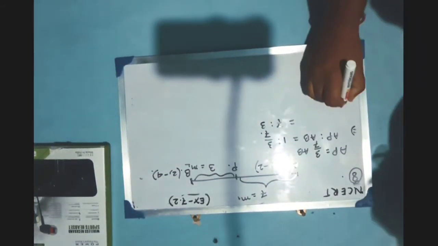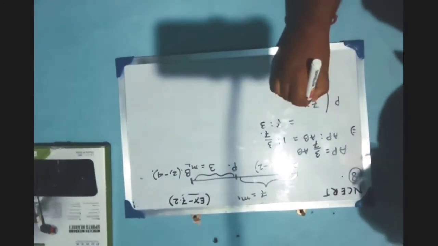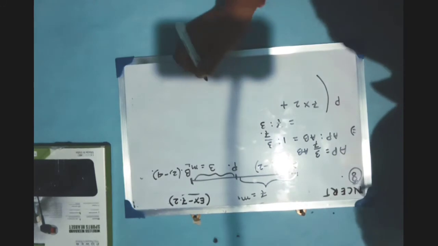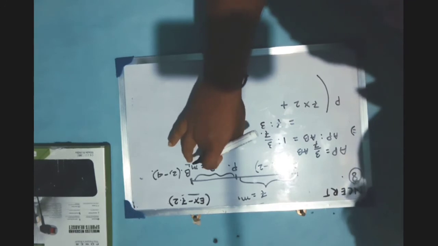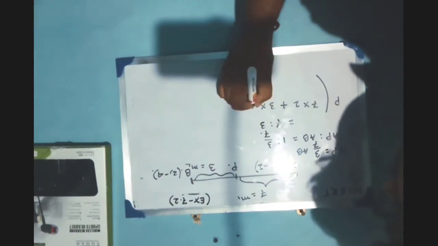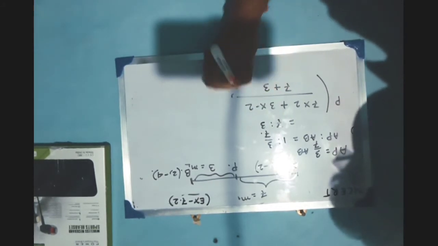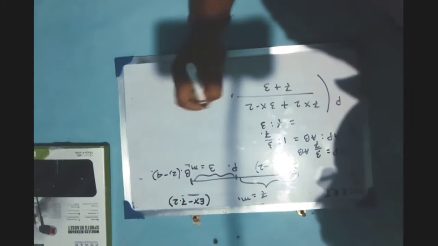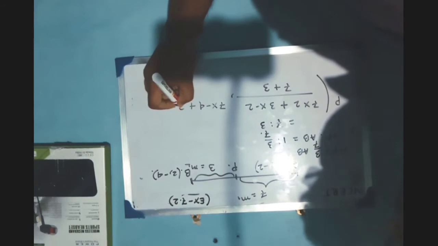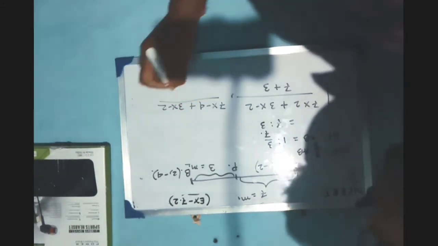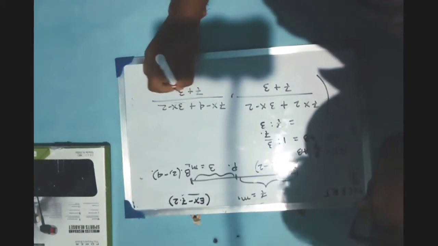Now the coordinate of P should be 7 into 2 plus 3 into minus 2 by 7 plus 3, comma 7 into minus 4 plus 3 into minus 2 by 7 plus 3.